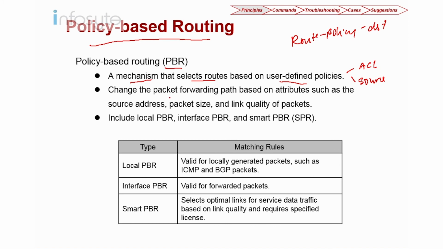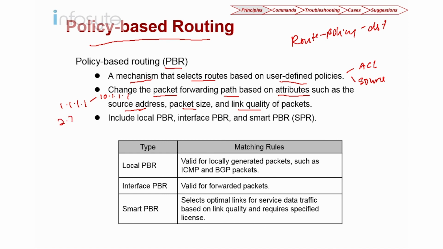So PBR changes the packet forwarding path based on attributes such as the source address, packet size, or link quality. Which means that, as I mentioned, I can determine the next hop based on the source address. If your source address is 1.1, you are going to send to the next hop of 10.1.1.1.